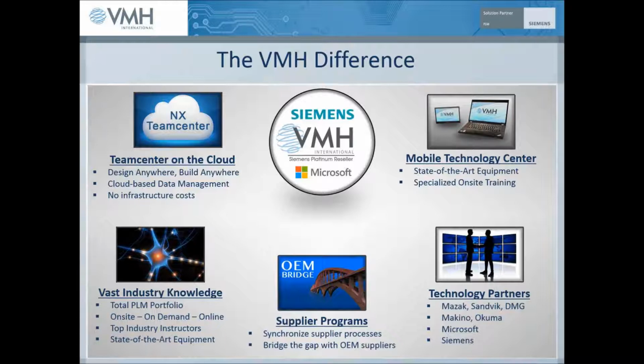First of all, we have Mazak and Sandvik and DMG and many others, along with Siemens and Microsoft. And all of these partners enable us to have a farther reach and expand our grasp and bring more resources to the table. This is another reason why DMH is a platinum reseller for Siemens, and our core competency is so strong.